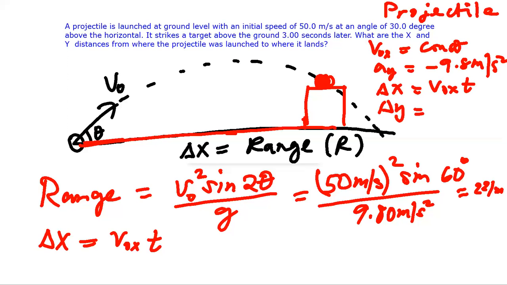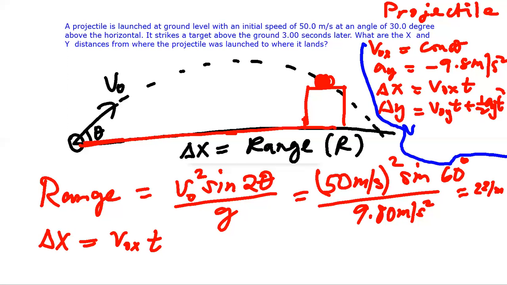Delta y is equal to v o y t plus 1/2 a y t squared. We also have v y equals v o y plus a y t, and v y squared equals v o y squared plus 2 a y delta y. These are the equations for free fall, and a y in all these equations is minus 9.8.